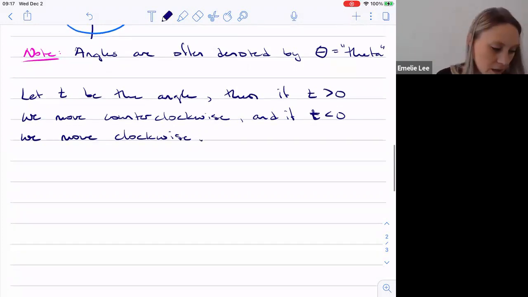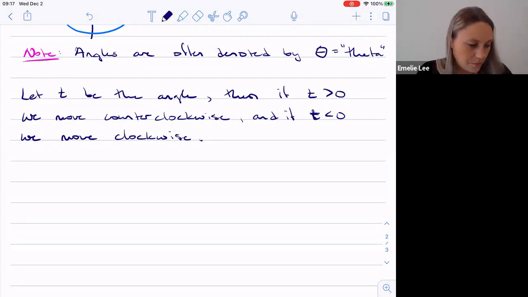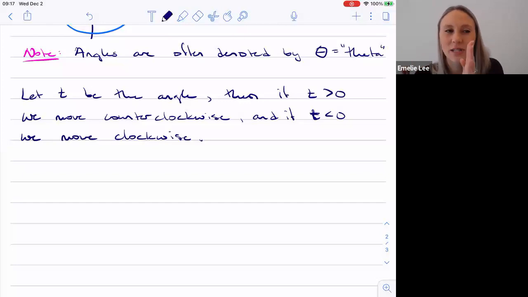Okay. What's kind of neat about and unique to radians is that on the unit circle, the angle is actually also the distance on the arc.